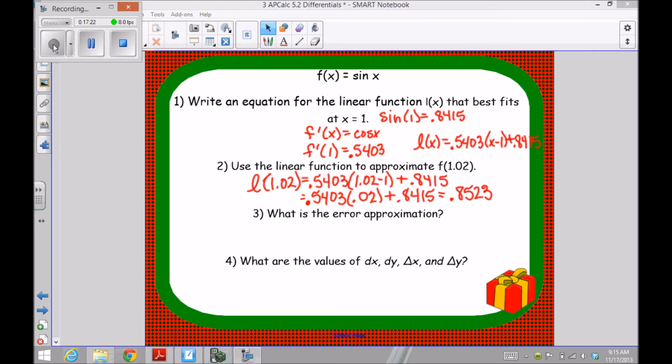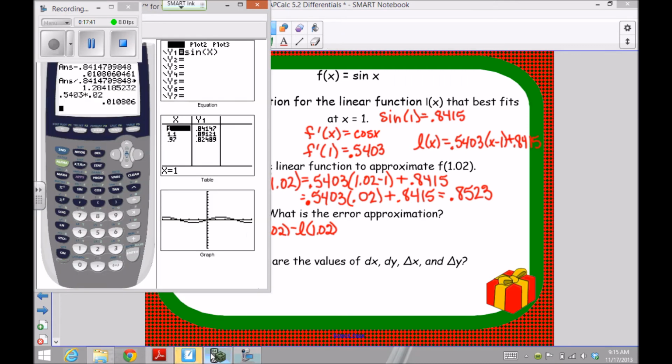Okay, what is the error approximation? Let me pull back up my calculator because what I'm going to have to do here is f at 1.02 minus my L at 1.02. So I'm back up my calculator here. Let me clear all of this mess out.